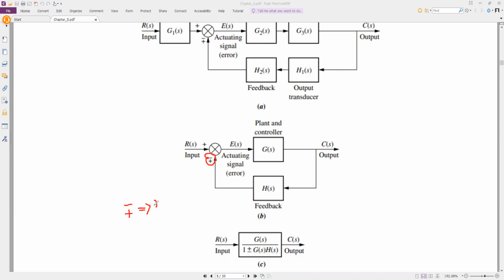For the minus it would be plus, and for the plus it would be minus. The symbol will be changed. Since it is minus plus, it would be plus minus. So it would be GS divided by 1 plus minus GS into HS. RS input, CS output. Okay.